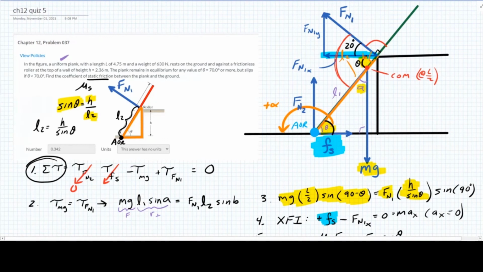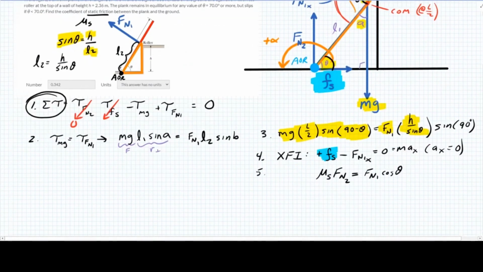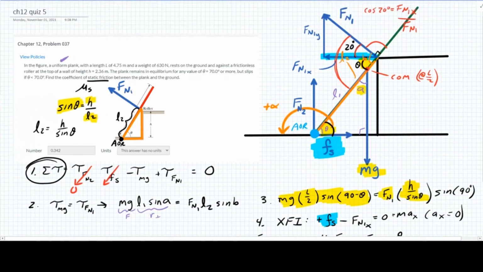So that's my thought process for getting this 20-degree angle in that triangle. And you can see that cosine of 20 degrees equals Fn1x over the hypotenuse Fn1. So that's why down here, this became Fn1 cosine theta. Okay.